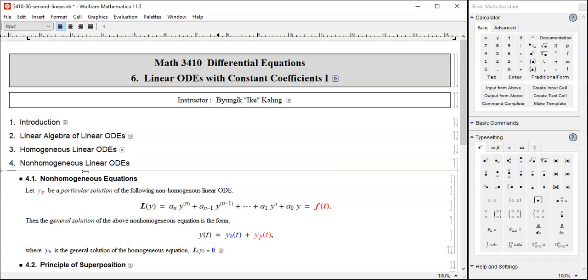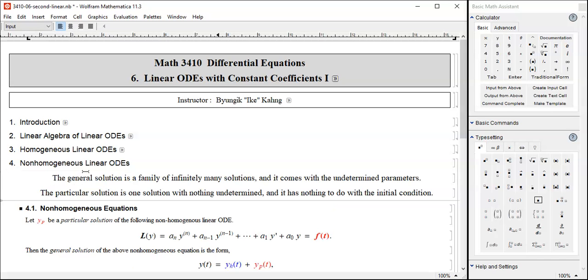All right, ready? The general solution is not a solution. It's a family of solutions. It's a family of infinitely many solutions, and it comes with undetermined parameters, C1, C2, C3, those kinds of things. And therefore, it works well with the initial condition. Put all those numbers into the initial condition, and you're going to get a system of equations with all these undetermined parameters.